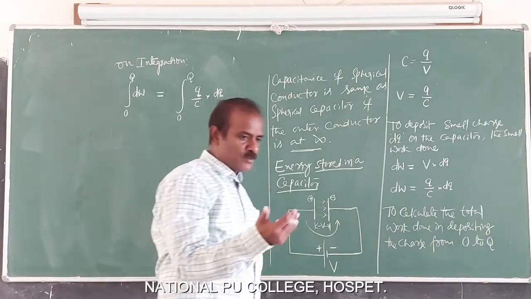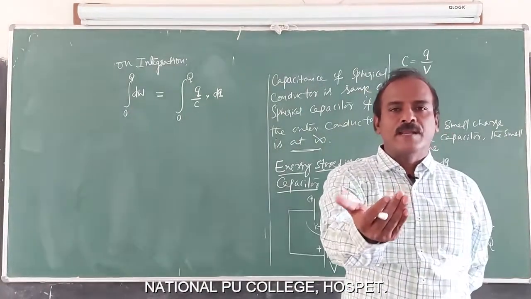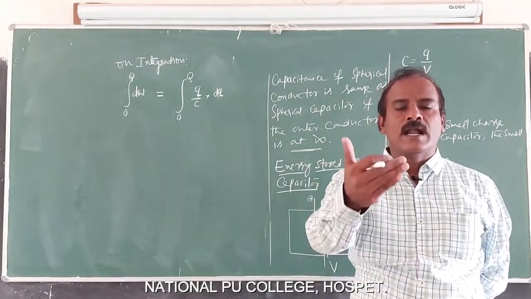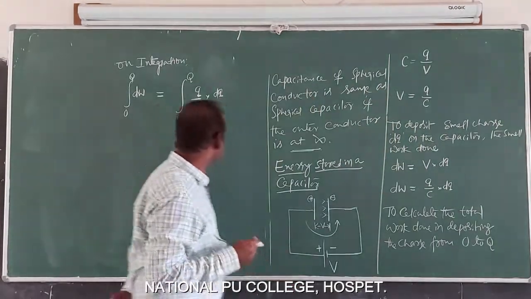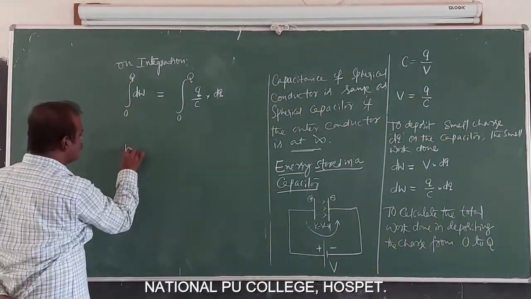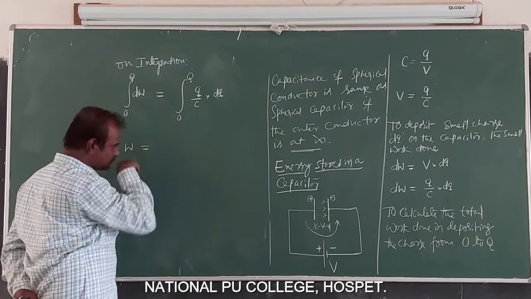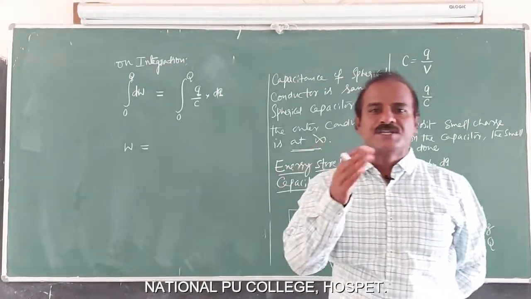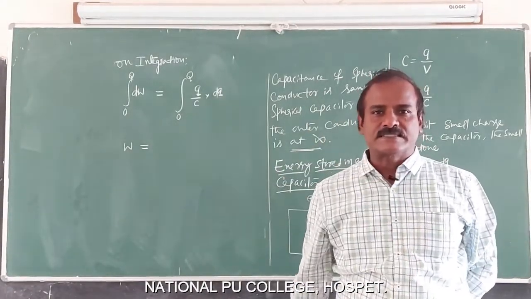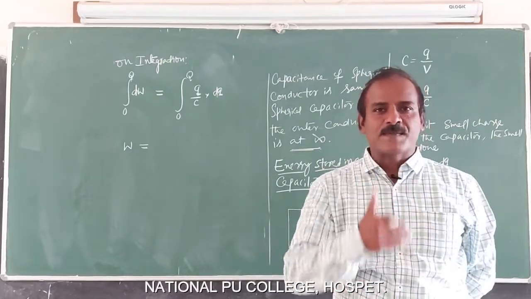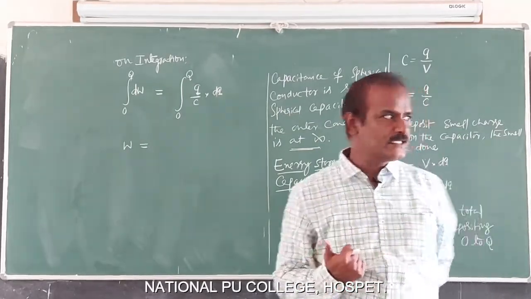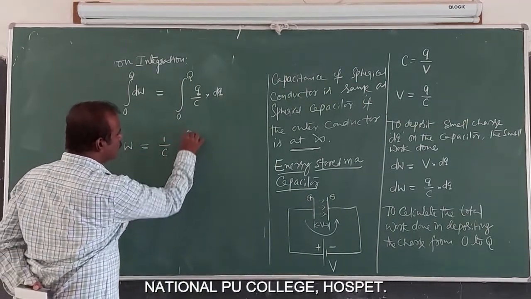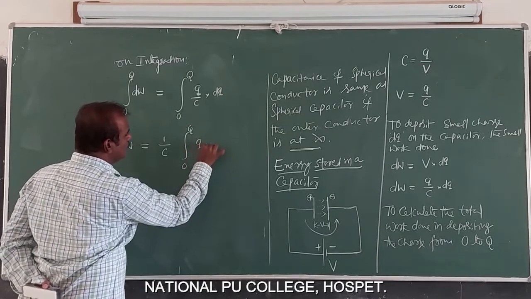Say maybe from 0 to 10 microcoulomb, 0 to 50 microcoulomb, 0 to 100 microcoulomb, like that. And integration of dW is W, equal to, here C is constant because C is the capacitance, and you know C depends on dimensions, size and shape of the capacitor, and of course the surrounding medium, right? So in that way C is constant: 1 by C into integration from 0 to Q of Q dQ.